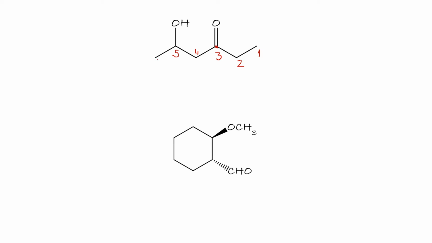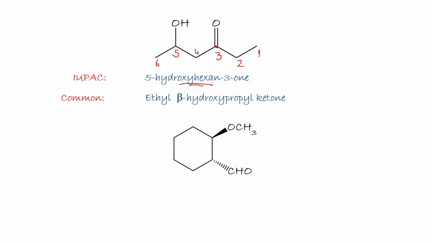So the IUPAC name will be 5-hydroxyhexan-3-one. The common name will be ethyl beta-hydroxypropyl ketone.